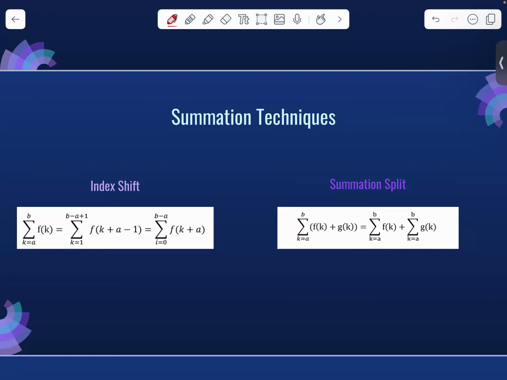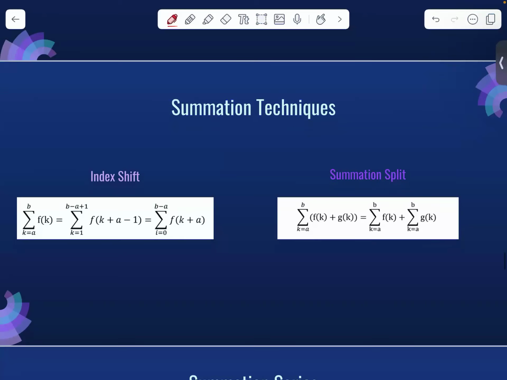But yeah. So here you can shift the index of a summation. Whatever you add to the index, you also have to add to both bounds, and then you do the opposite of that to the form of the summation.